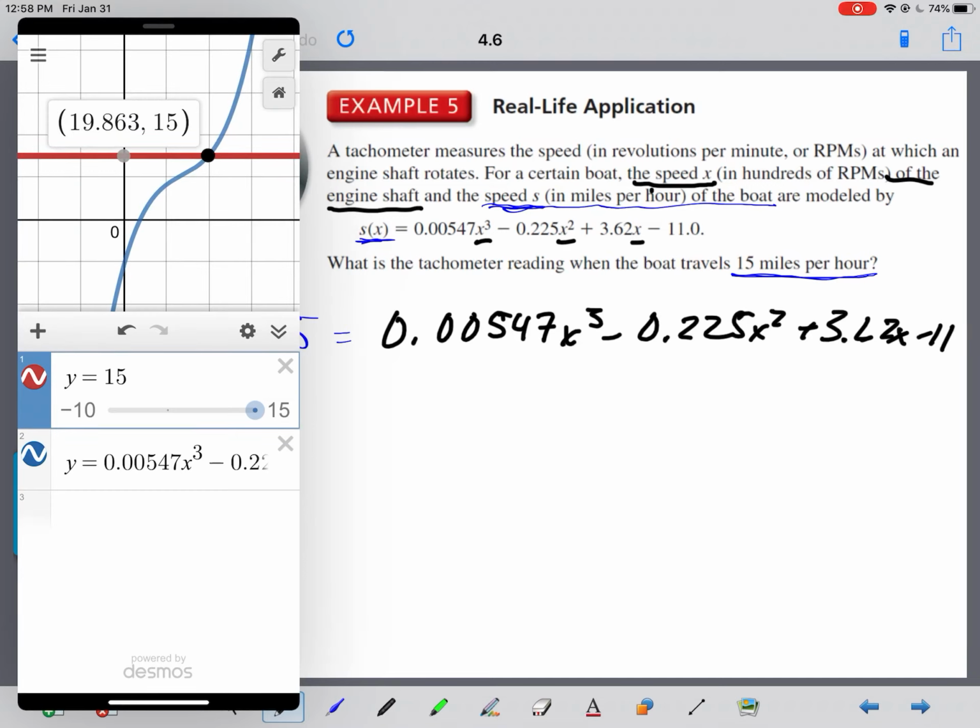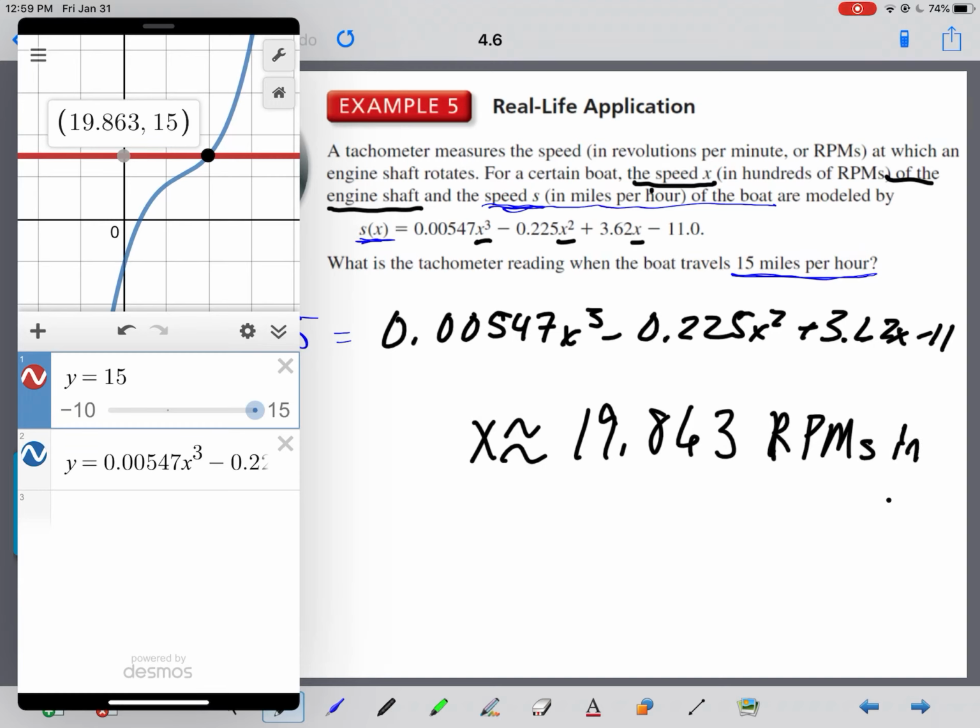Dunk. So x is approximately 19.863 RPMs in the 100. Okay, or 1900, we could probably move that over, 1986.3 RPMs.